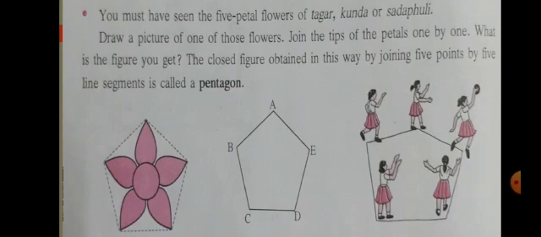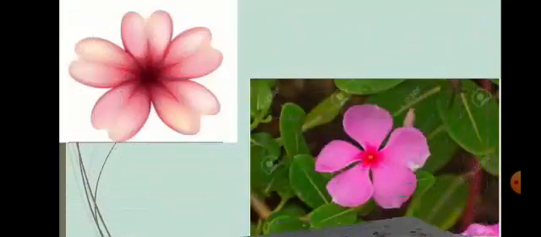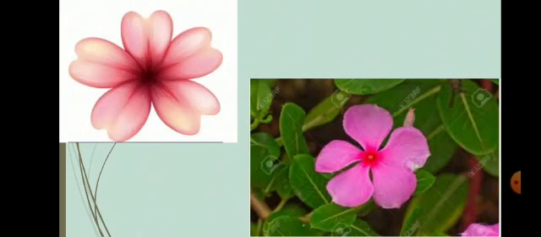So here we are getting the 5 sides. So a figure with 5 points or 5 line segments is called a pentagon. Now let's discuss the meaning of polygon. Now first see this 5-petal flower also. See here, if you are joining the tips, you will be getting a pentagon.